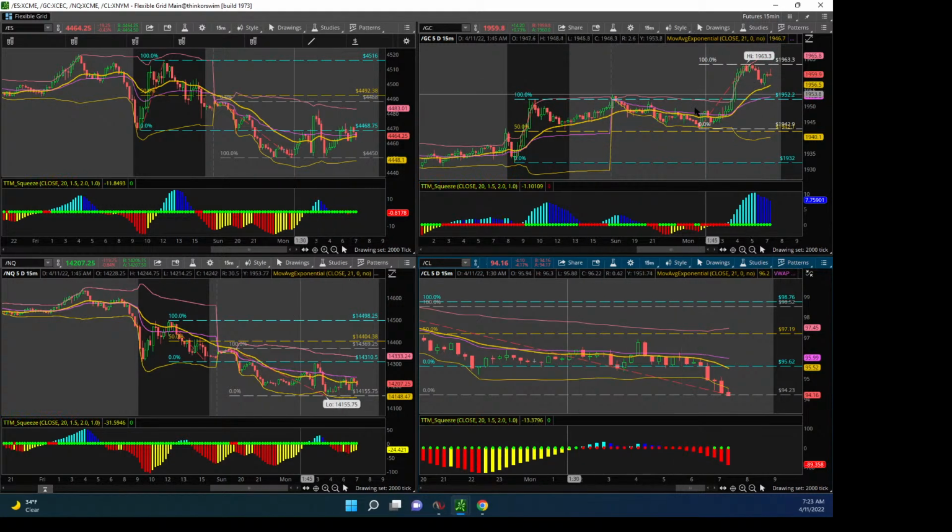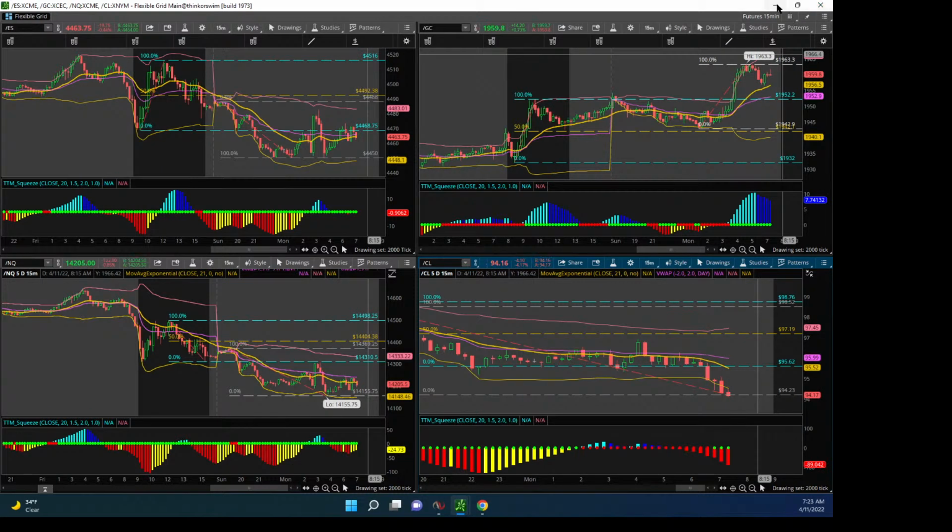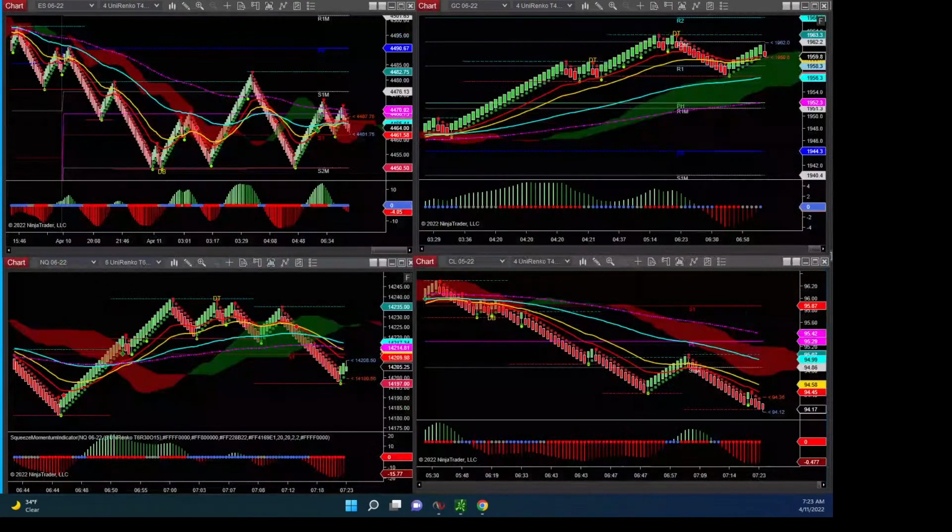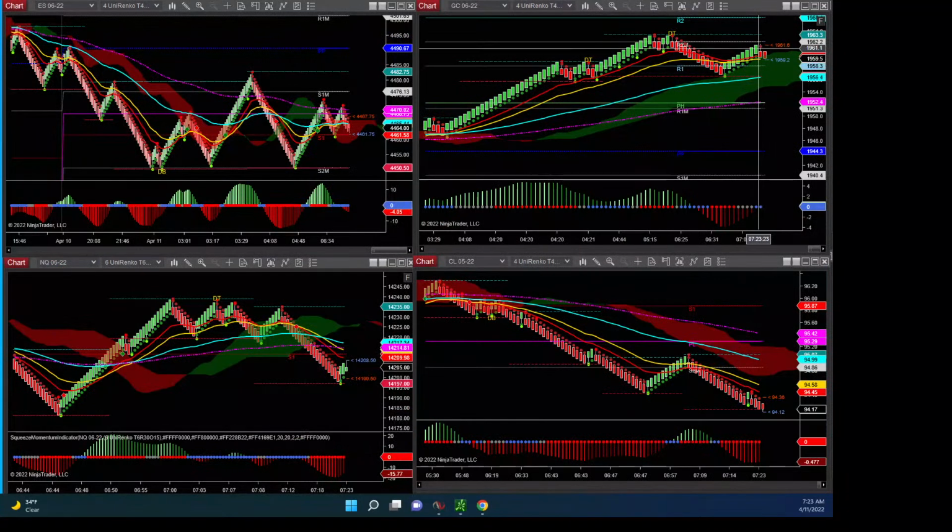And gold, I said that momentum is not all positive because it's resting in here. So we'll see what it does. Yeah, it formed a small pivot now.